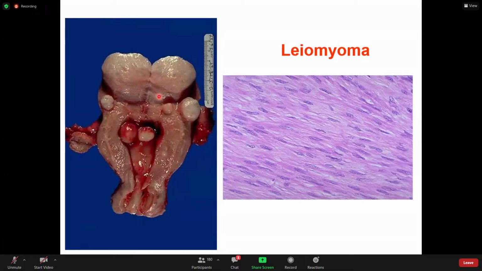You take a section of any of those tumors and you will see this spindly, streaming appearance of those muscle cells. If you look at each one of those nuclei, you will see that they take the shape of cigar-shaped nuclei, which is what you see with smooth muscle.